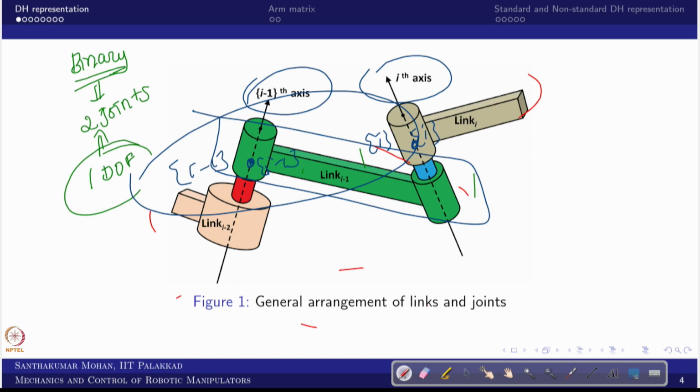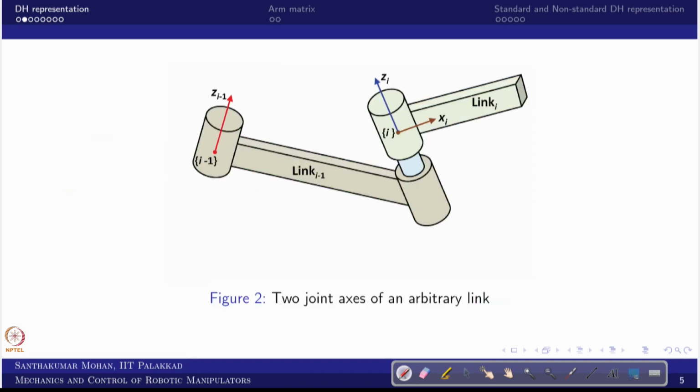For that, first, we don't want the I minus 1 link which is connected to I minus 2, so we are cutting that out. Now we are taking the link I minus 1 and link I specifically. We want to see what the Zi minus 1 and Zi axes are, because all the joints we fix with respect to the Z axis.